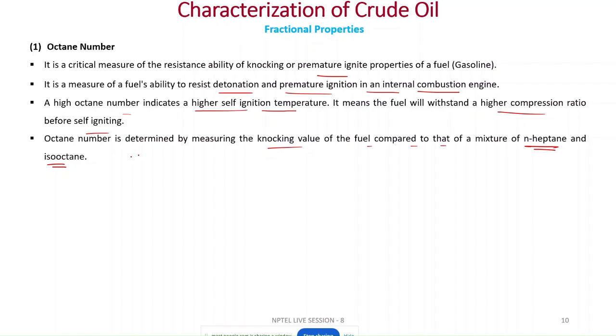Now, N-heptane is CH3, CH2 5, CH3. This is N-heptane. This has octane number 0.